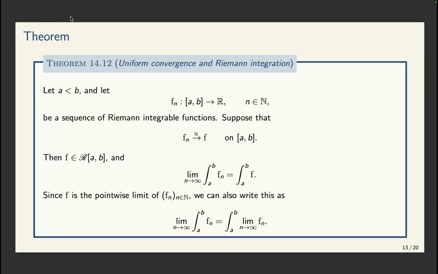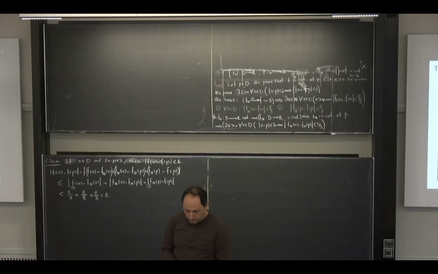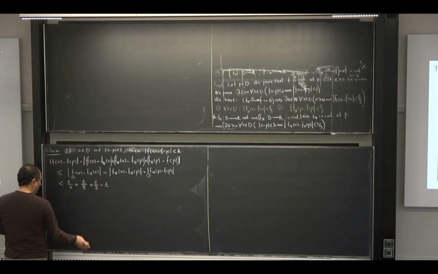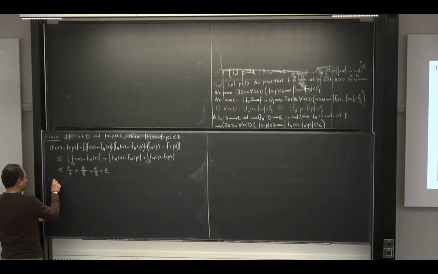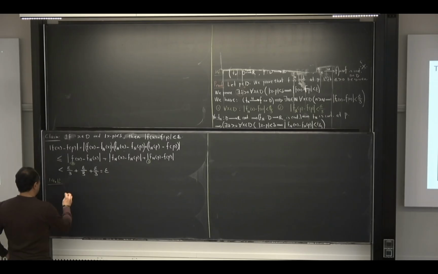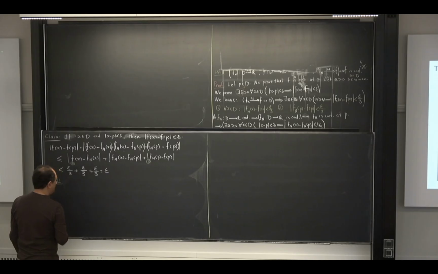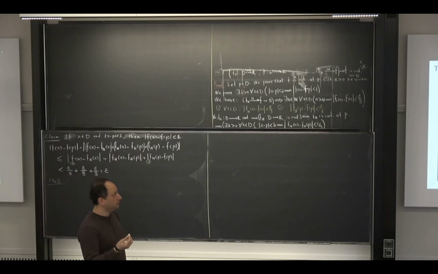Okay, so let us read this one. So theorem 14.12. So what do we have again? Here, because I'm talking about Riemann integrability, the theory of integrability of Riemann integrals is only for bounded functions, okay?